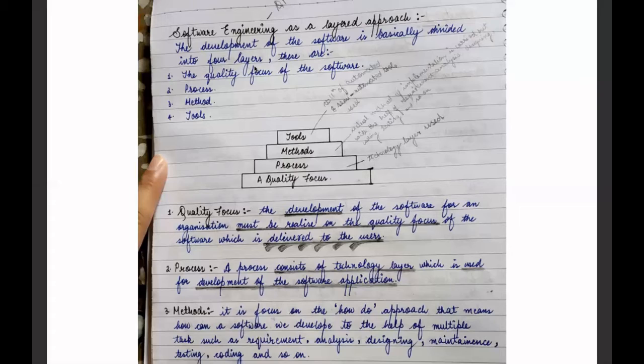It means the overall process which includes tools, methods, and how to develop by the use of tools and techniques. What phases are used is concerned in this layer. This layer is concerned with the process of that particular software development project.